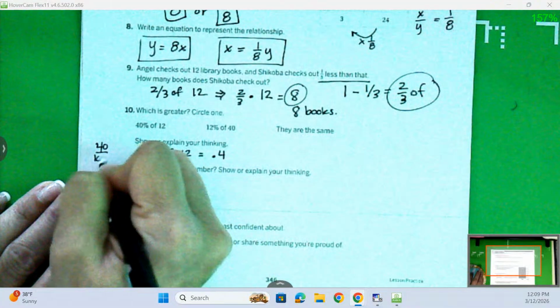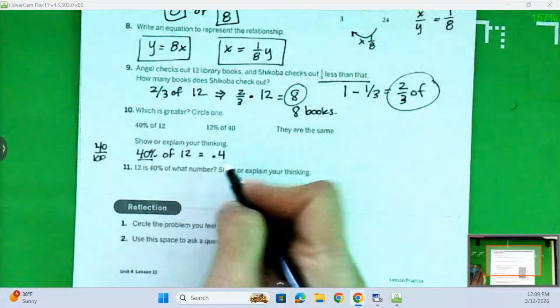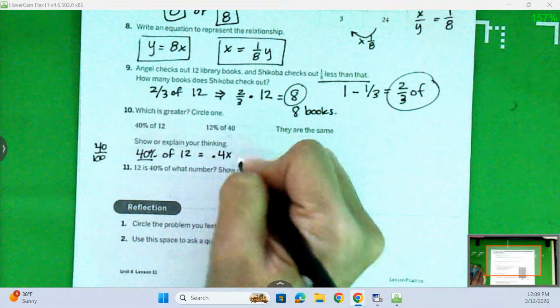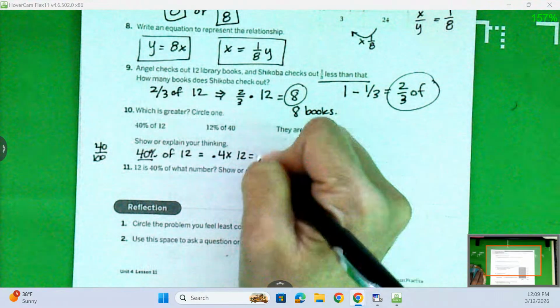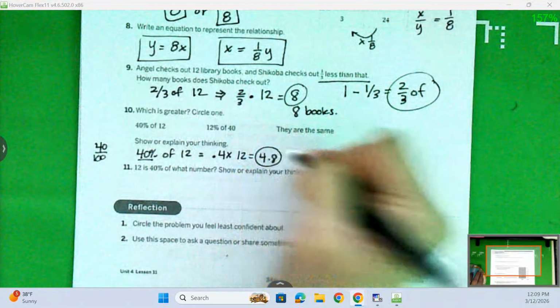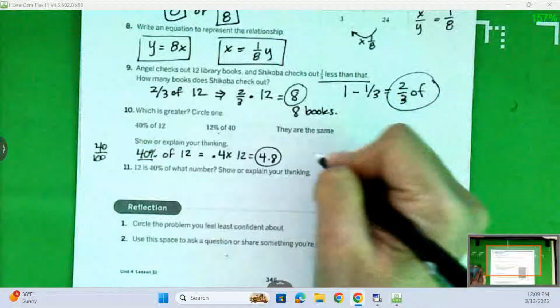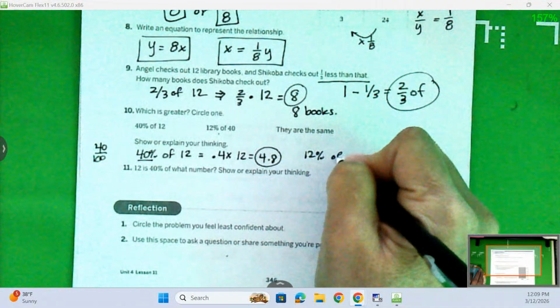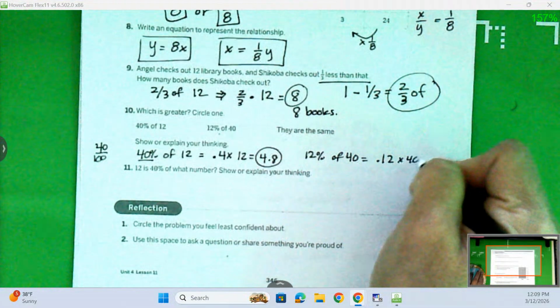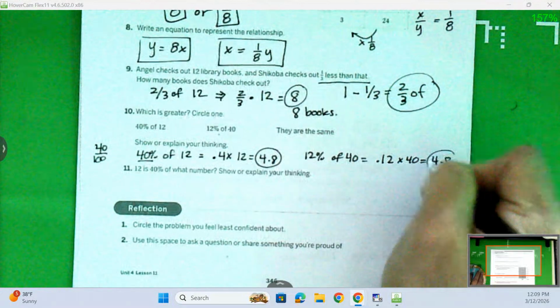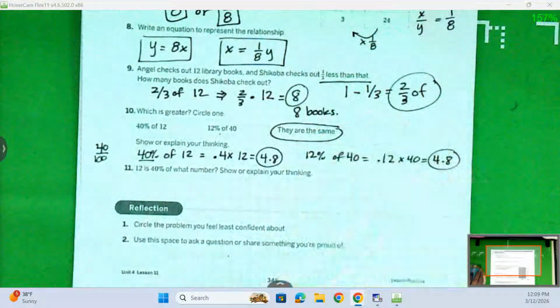So I would do 40 divided by 100, and I would get my 0.4. Of means to multiply the 12, and that works out to be 4.8. Now I'm going to solve this one, which is 12% of 40. That means 0.12 times 40, and that works out to be 4.8 as well. So they are the same.